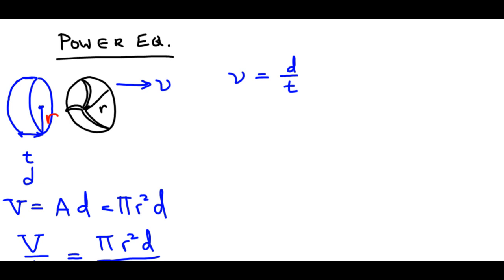Now what we're trying to get to eventually is an equation for power. So let's start with the equation for power. Energy over time. And we're going to first discuss the wind's power. So I could write wind down here if I really wanted to. And sure, why not? I do want to.